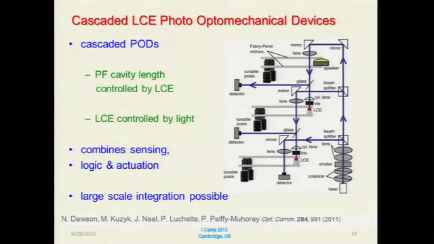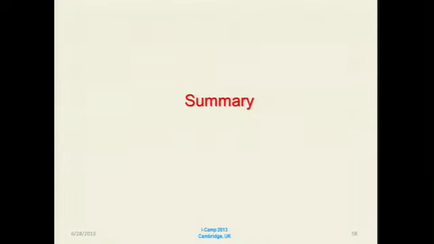And this is interesting because you see that it's a coupled system which combines sensing and actuation and logic. So it's possible to get fairly sophisticated behavior from such systems, and Kuzik and co-workers are pushing ahead on that. So I think that's pretty much all I have to say.